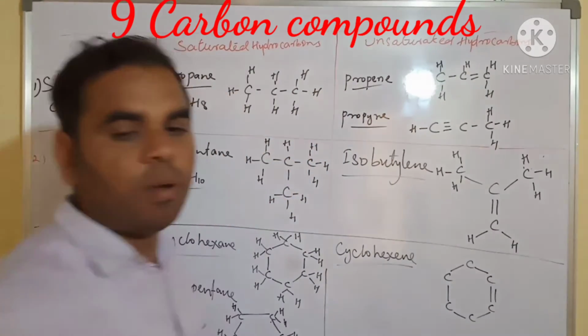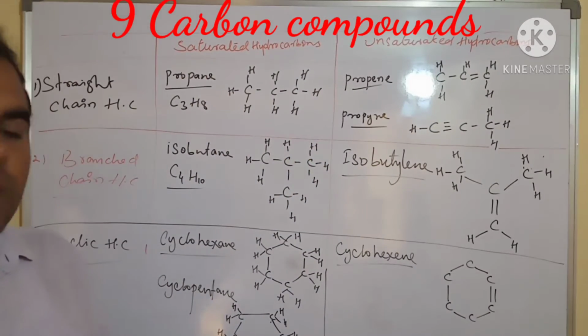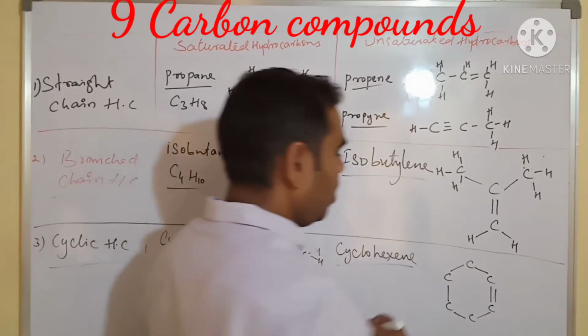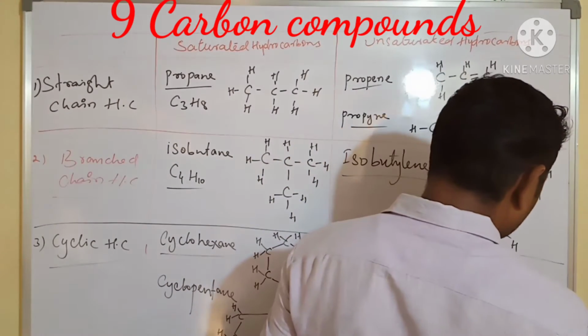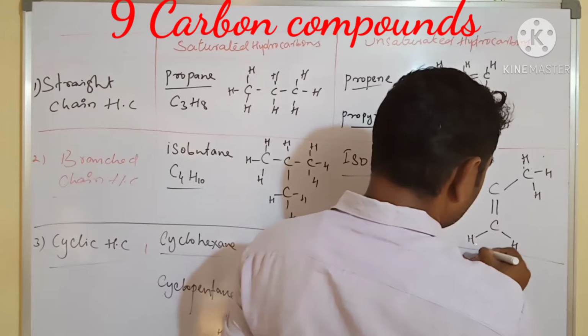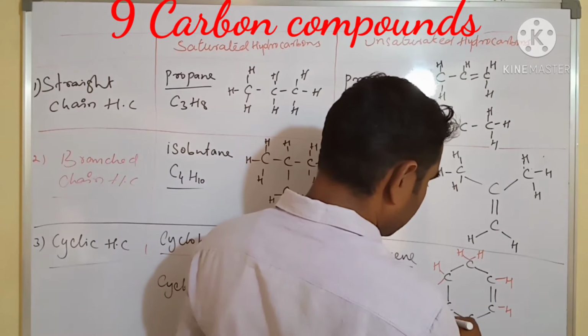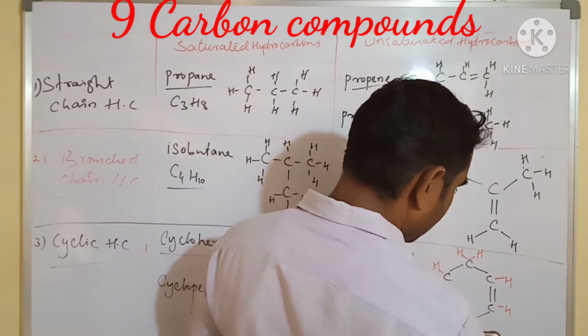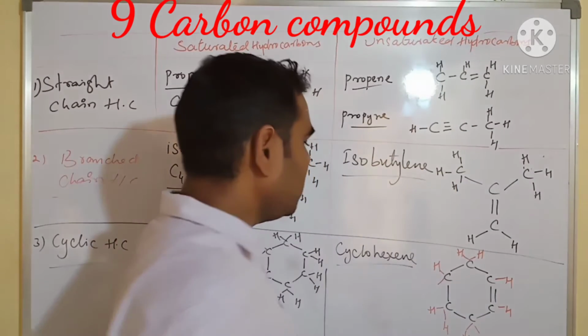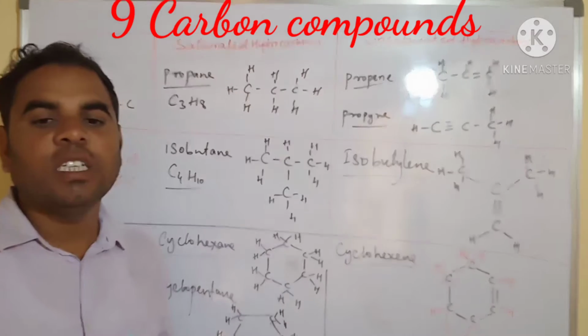In the double bond, only a single hydrogen is on each carbon, and here there are double hydrogens. This is cyclohexene.